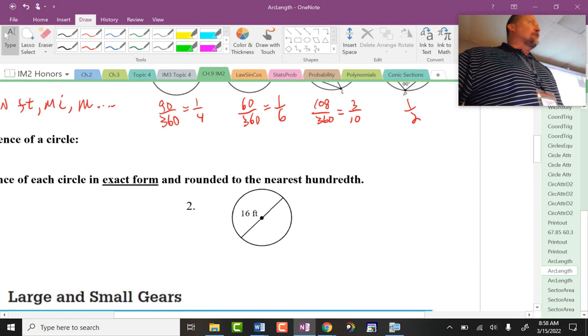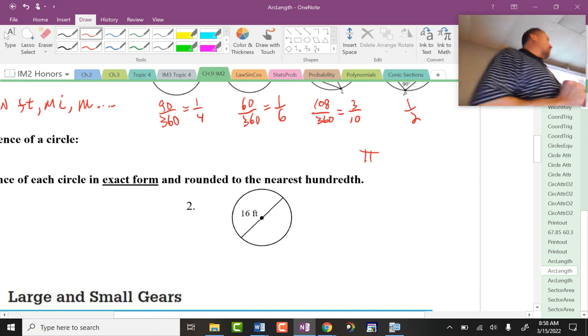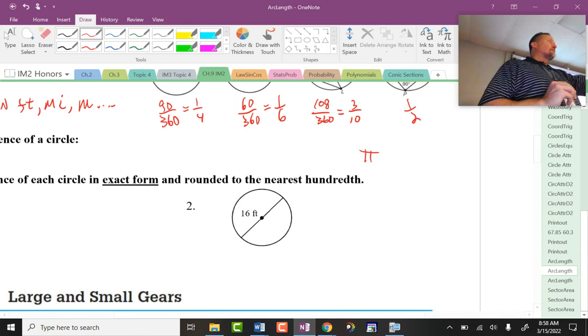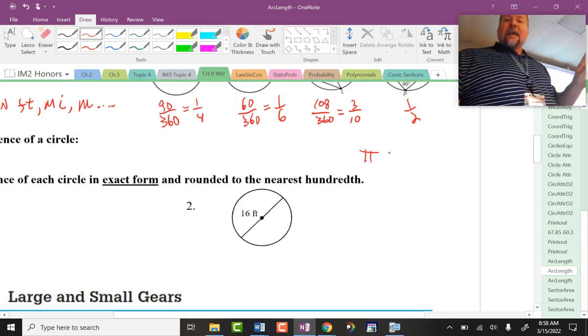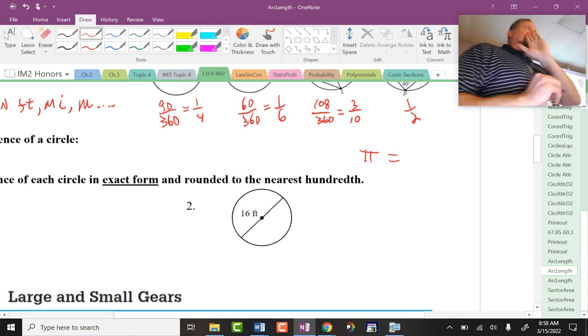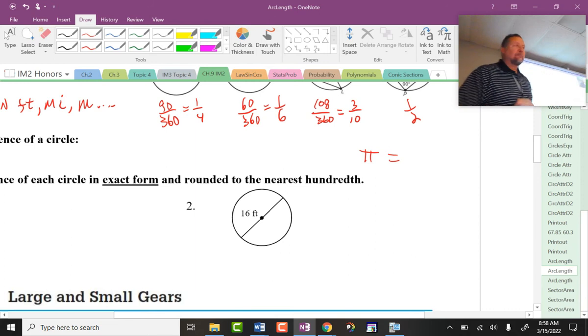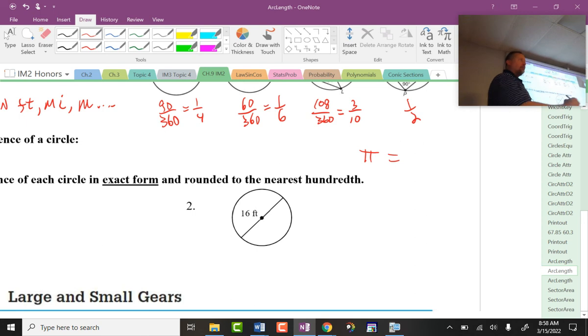This is what the ancients actually did. I have a book called The History of Pi if you want to borrow it. Anyone? I'll bring it tomorrow. No? Okay. So they actually literally did this. I really only got through one chapter. It's kind of boring. But they literally, in the ground, drew a circle with a rope on a tether. And a tether doesn't wrap around the pole. It stays the same length.